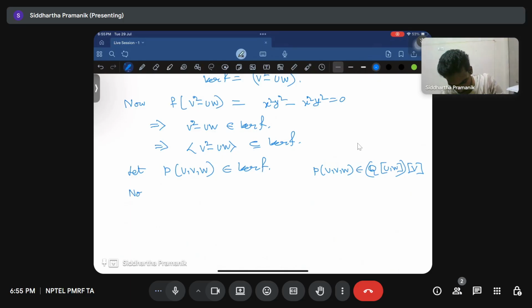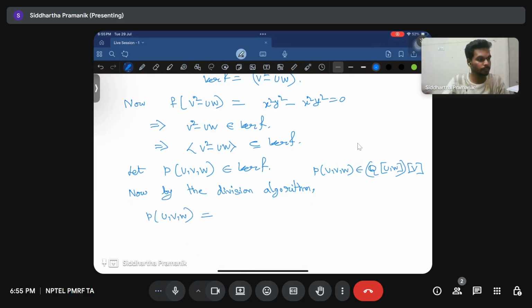So now by the division algorithm we can write p(u, v, w) equals, so we will divide this polynomial by this polynomial v square minus uw.